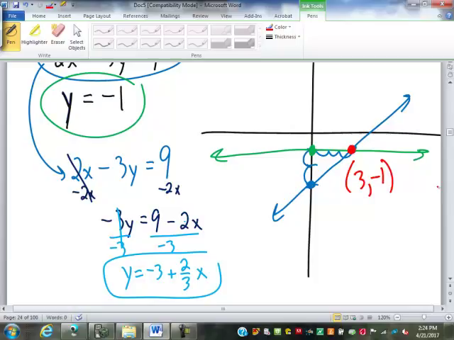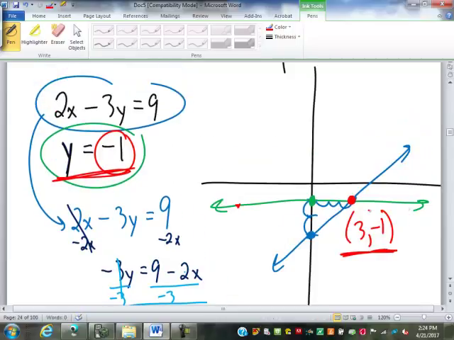Now, a way to double check that one is we know that y has to be -1 because the only points on this line have coordinates of y equals -1. So that helps that y is -1, so we can test in the other equation to see if x equals 3 makes that equation true.